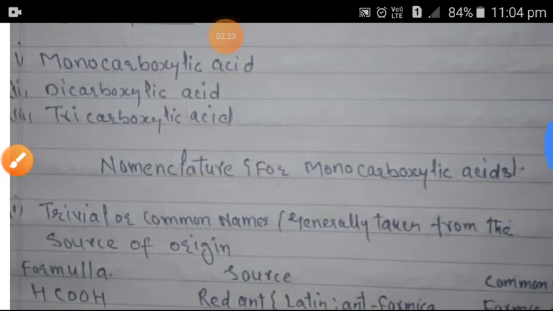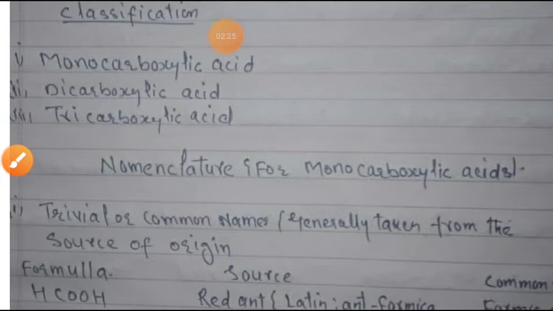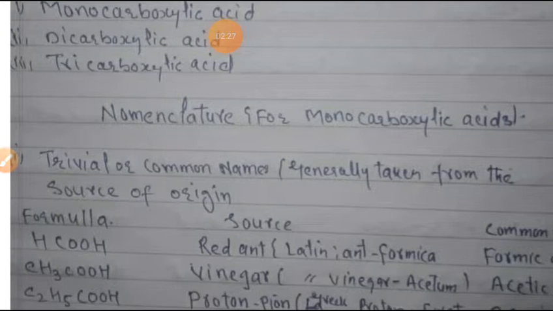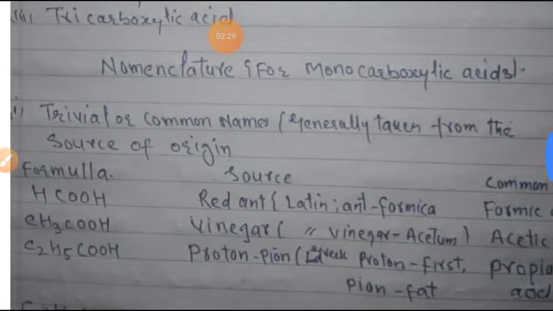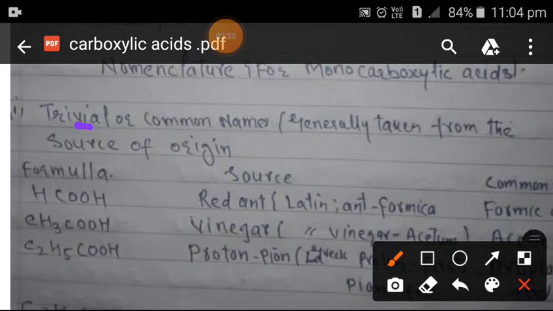So first we will see the nomenclature for monocarboxylic acids. We start with the tribal name, or common name system.